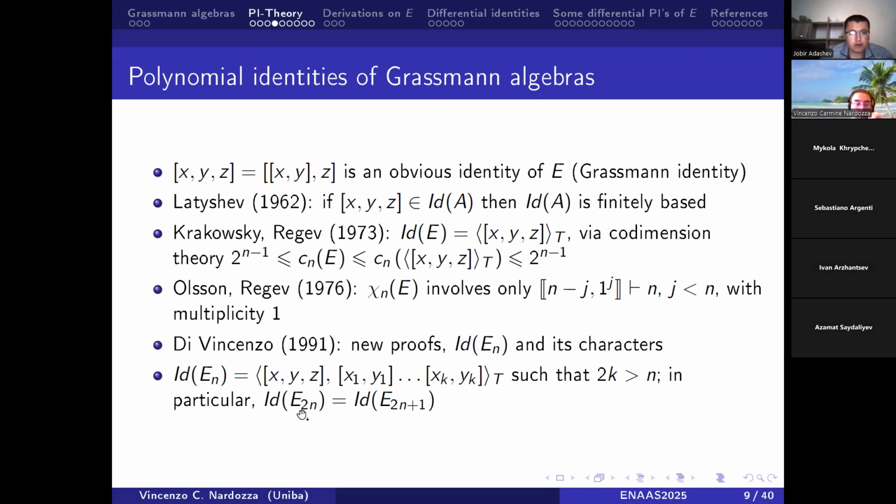In particular, this proves that for odd n, E_{2n} and E_{2n+1} satisfy the same identities.